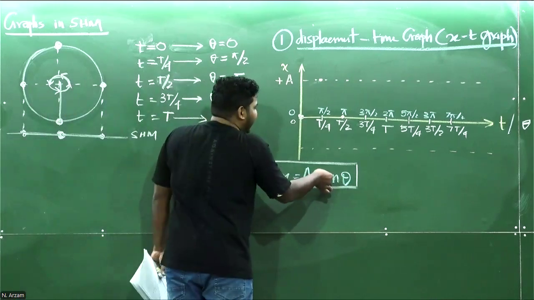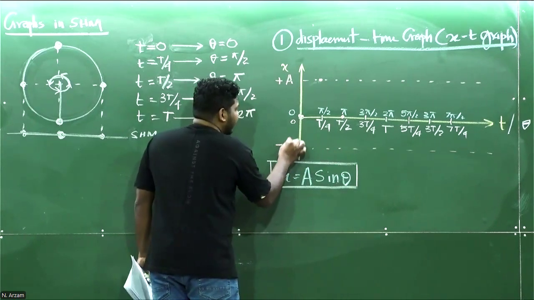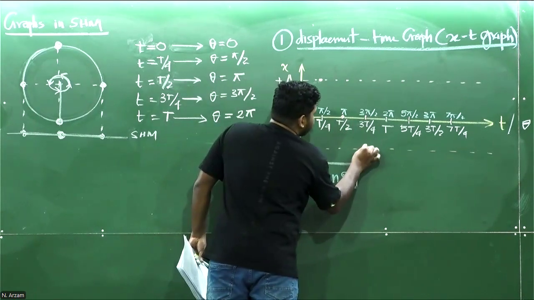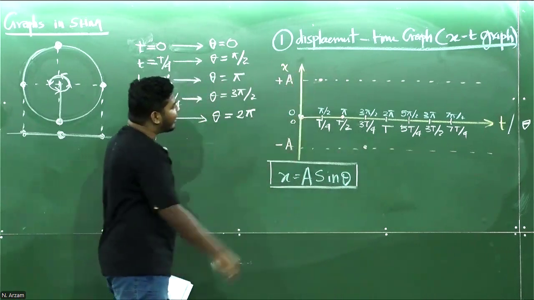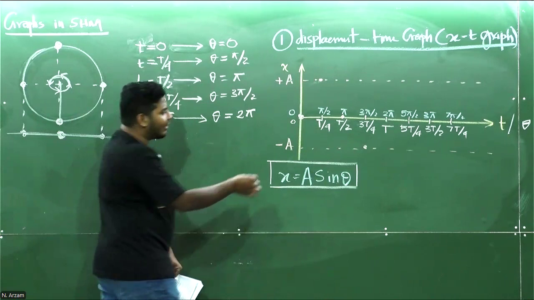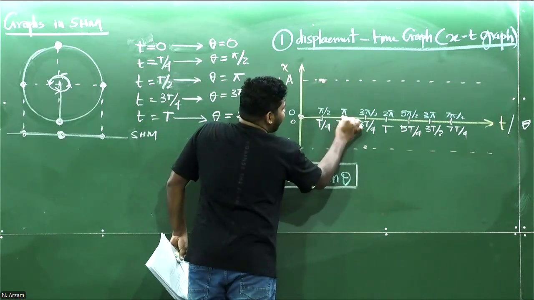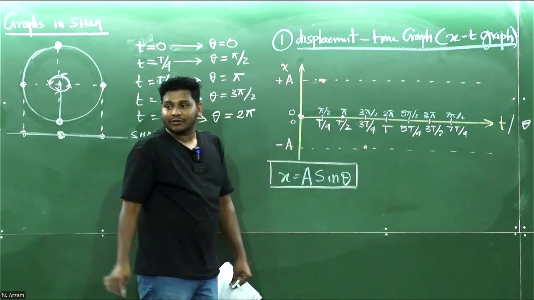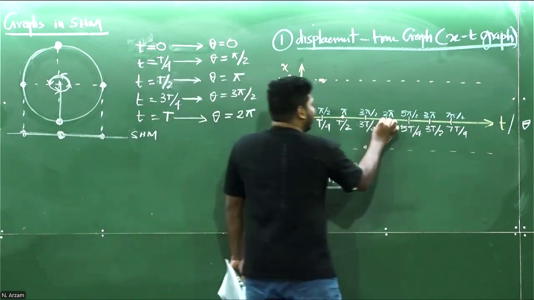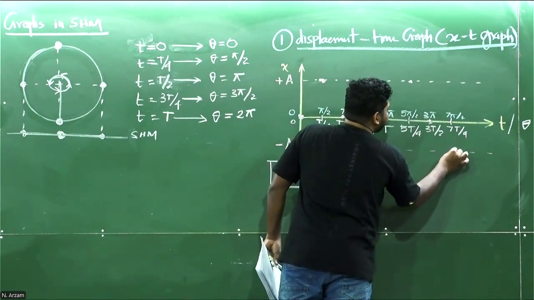So if you put minus 1 for sine theta, x is equal to minus a. So can you identify the pattern here? 0, plus 1, 0, minus 1. Again, 0, plus 1, 0, minus 1.